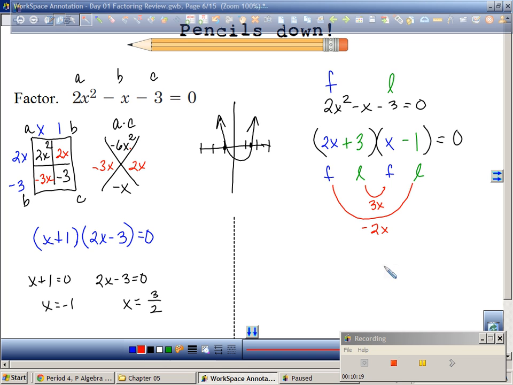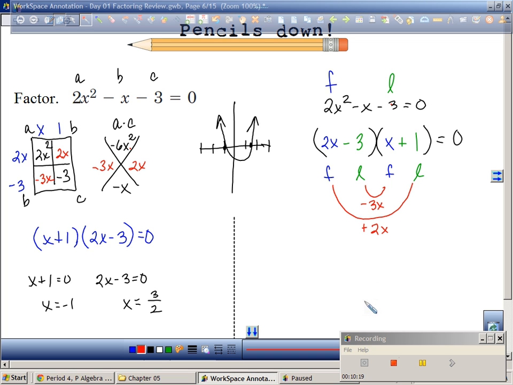Did I do that right? It's still not right, is it? What's wrong with it? The 3 has to be negative, and the 1 has to be positive. It's kind of a guess and check method, right? So now I have negative 3x and positive 2x. Does that work?